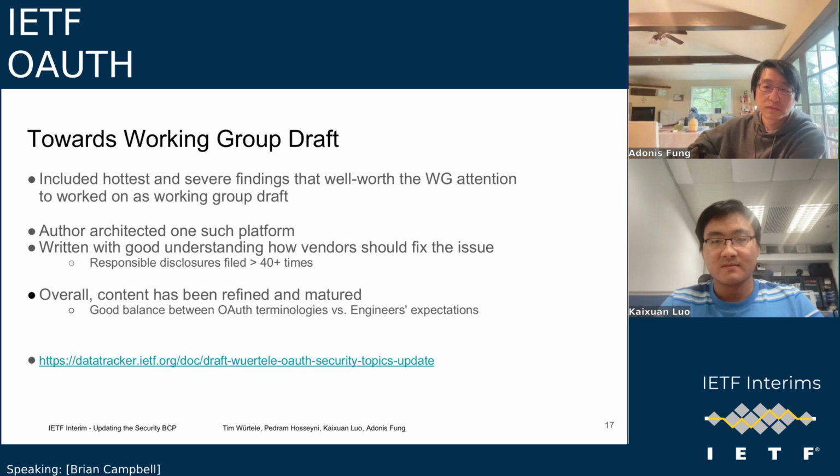So I imagine it preceding something. Deb, please correct me if I'm wrong if it can't work this way, but it would be new security considerations around OAuth 2 deployments, or a better title than that, that lists these things and then would ultimately, if it makes it through the gauntlet of various things, end up as another security considerations document under the mantle of whatever the BCP is that points to 9700.